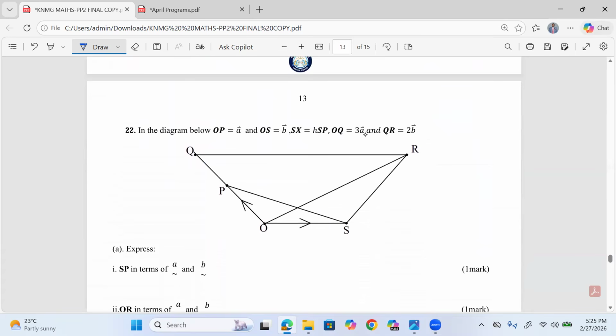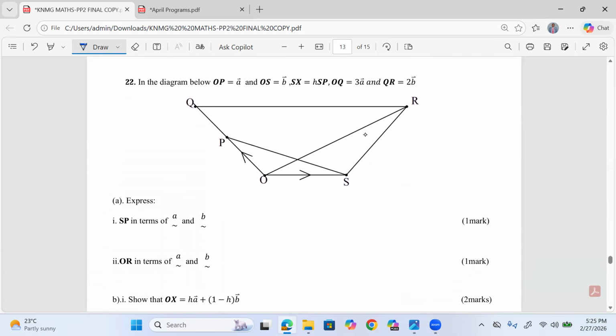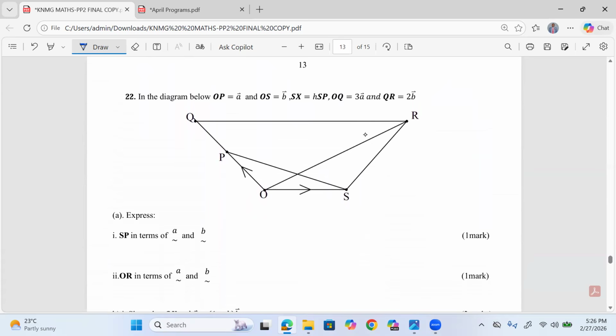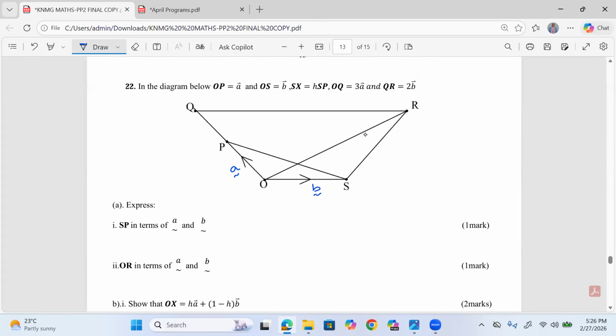Number 22, a question on vectors. Vector 2 actually. The diagram below, OP equals vector A, and OS equals vector B. This is vector A. This is vector B. Then SX, X is this meeting point. SX equals H multiplied by SP, the whole vector there.